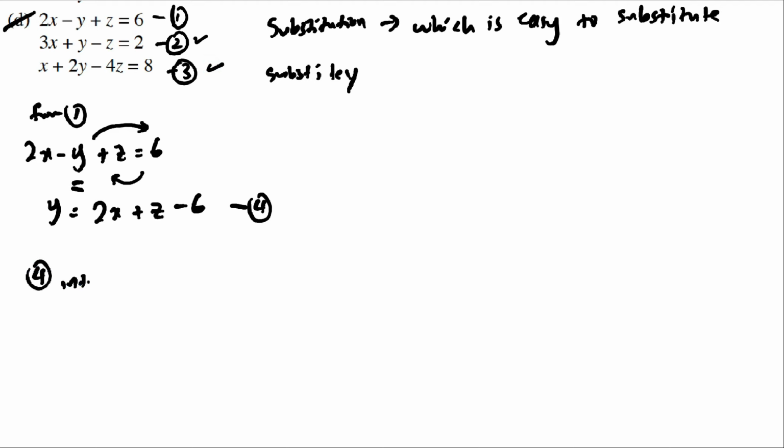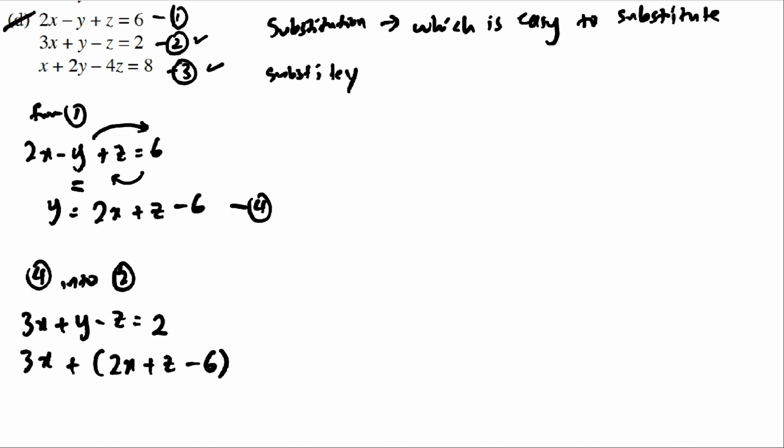So 4 into 2. So here you have 3x plus y minus z is equal to 2. When you substitute y is 2x plus z minus 6, minus z is equal to 2. 3x plus 2x plus z minus 6 minus z is equal to 2.